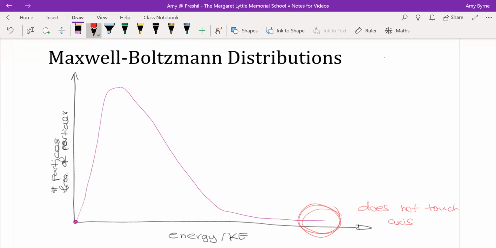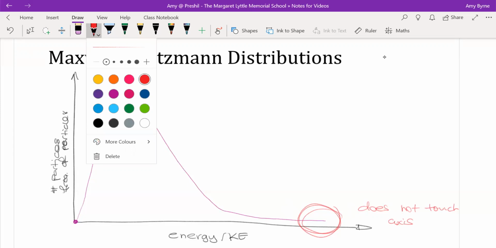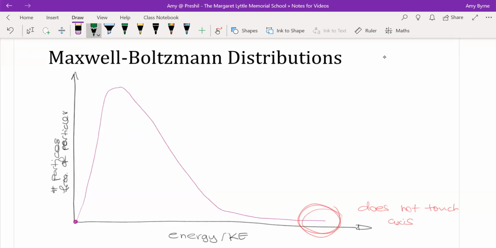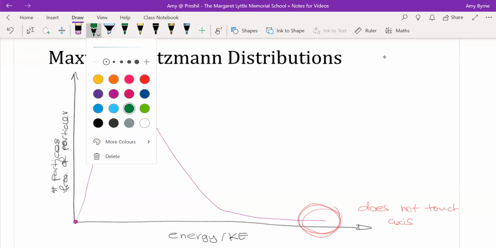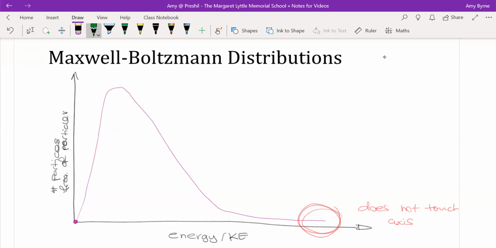Sometimes you will be asked to draw the one sample at 2 temperatures. Let's do green for our higher temperature. What the IB will want is a peak that is lower and further to the right. Again, it starts at 0, 0, and again, it tails off.